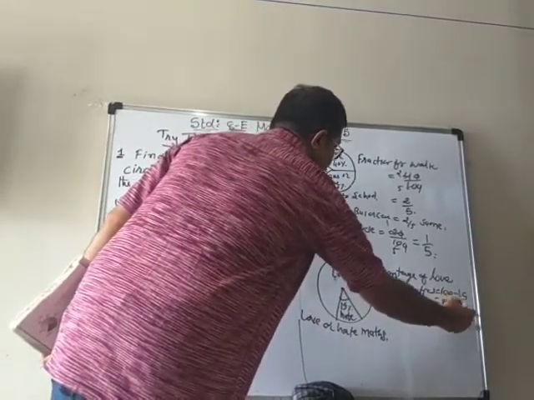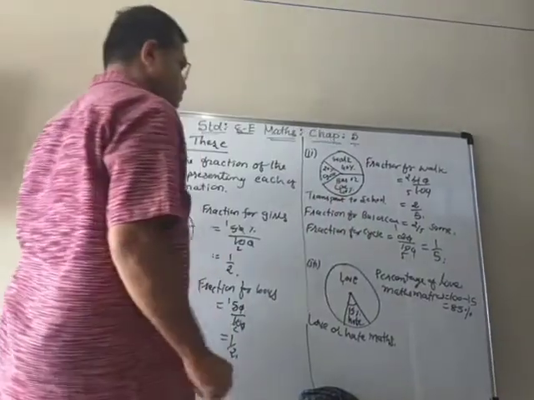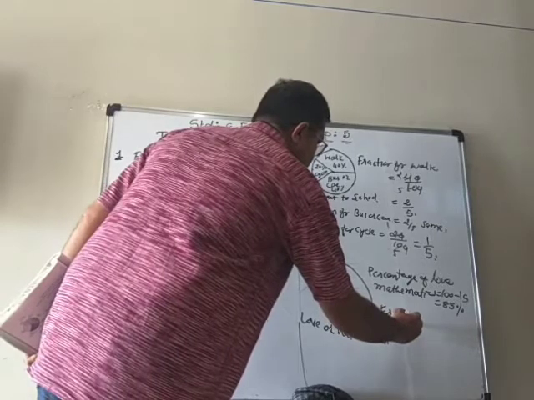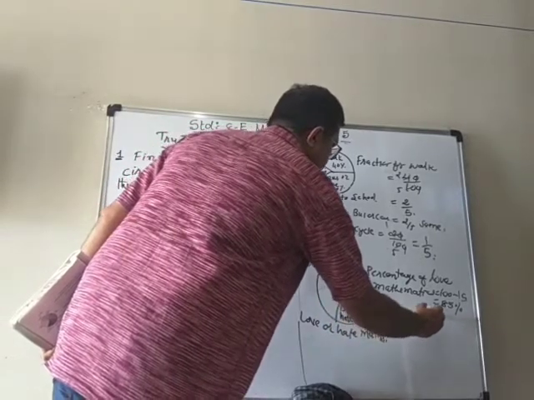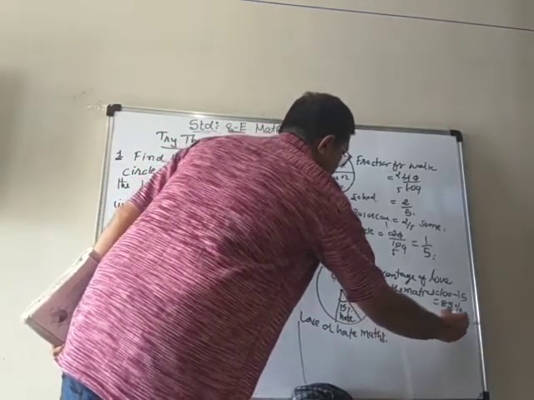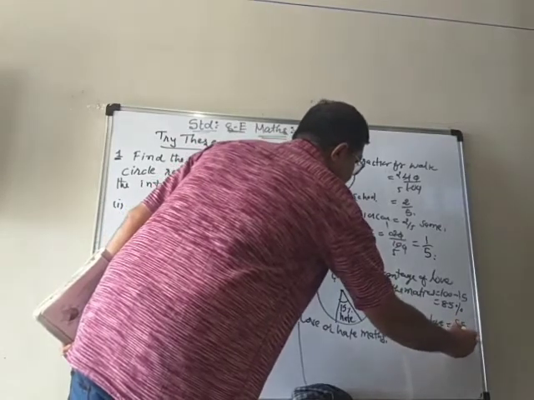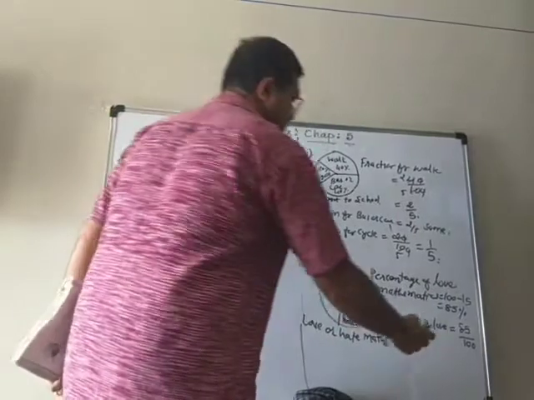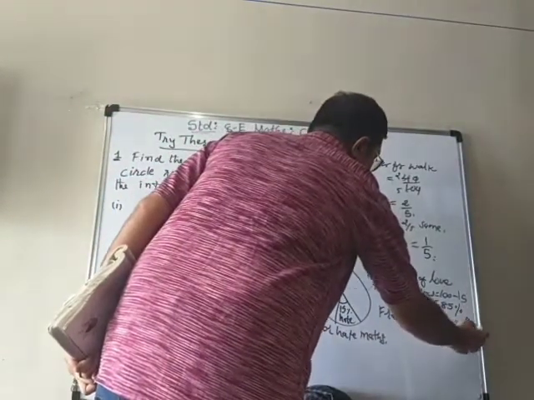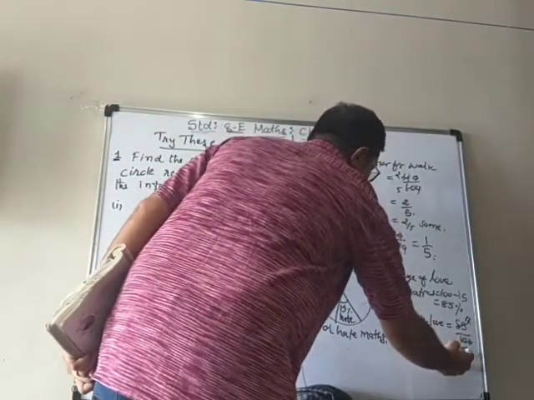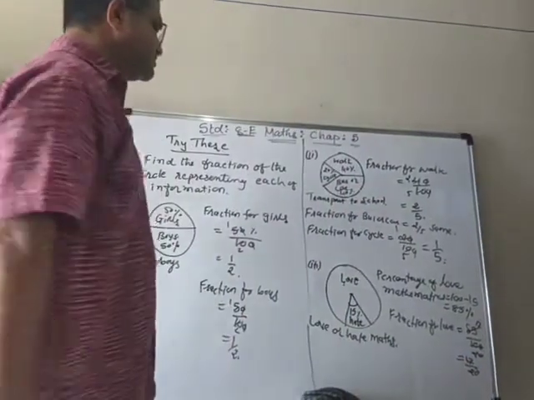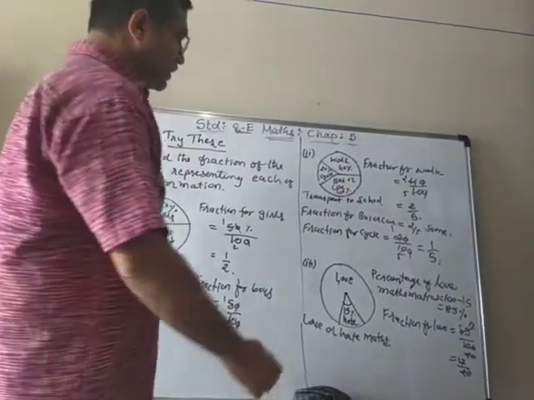So 85%. So now the fraction for love, 85 upon 100. Now you know that 17 5s are 85, 5 20s are 100. So the fraction is 17 upon 20.